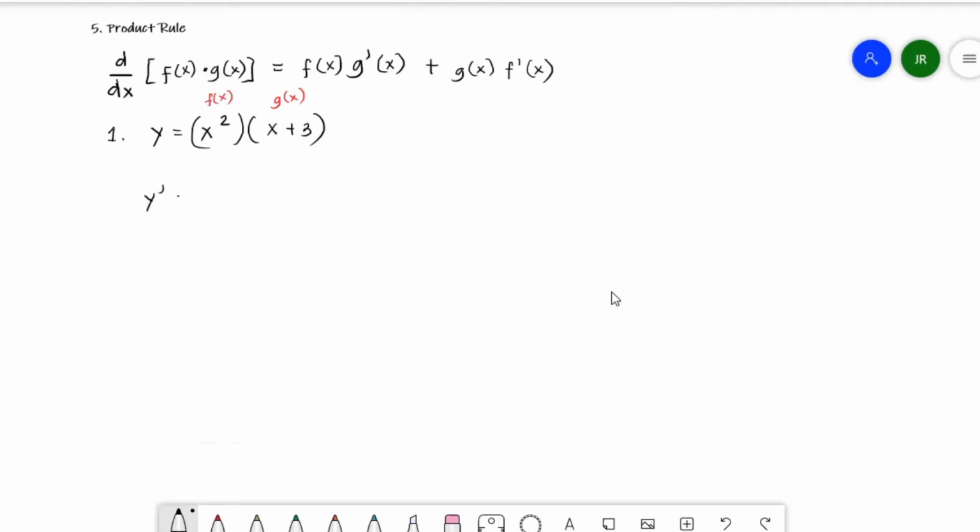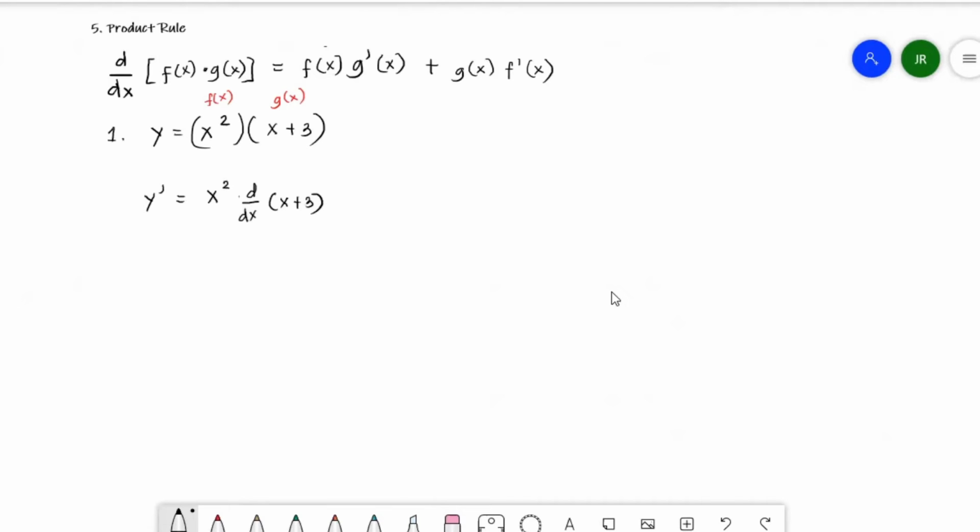So, y prime, since kinukuha na natin yung derivative, f of x, copy, sabi dito, copy lang daw yung f of x. So, x squared. Then, imumultiply mo sa derivative ni g of x. So, multiply by the derivative of g of x, which is x plus 3.